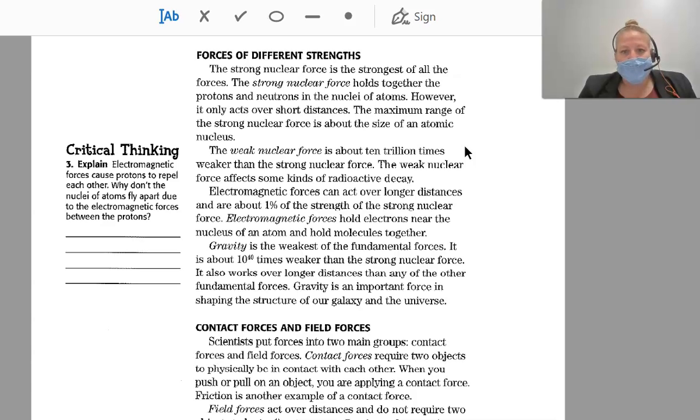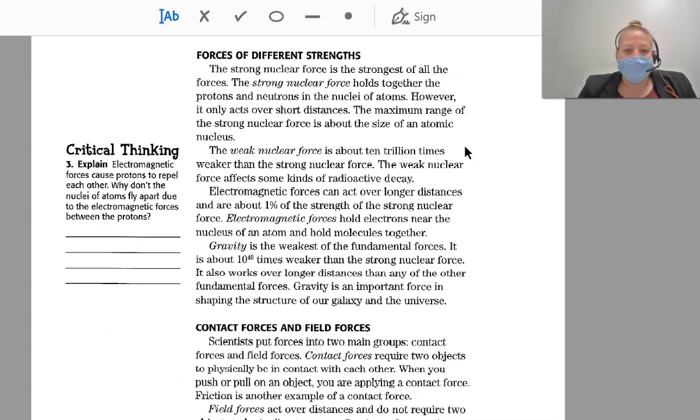The weak nuclear force is about 10 trillion times weaker than the strong nuclear force. The weak nuclear force affects some kinds of radioactive decay. Electromagnetic forces can act over long distances and are about 1% of the strength of the strong nuclear force. Electromagnetic forces hold electrons near the nucleus of an atom and hold molecules together.